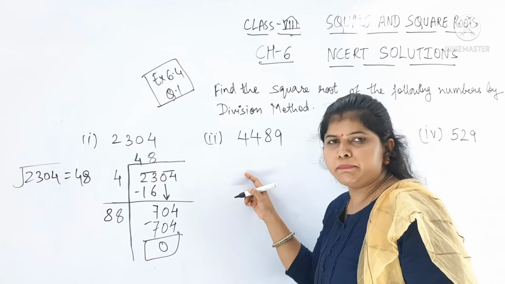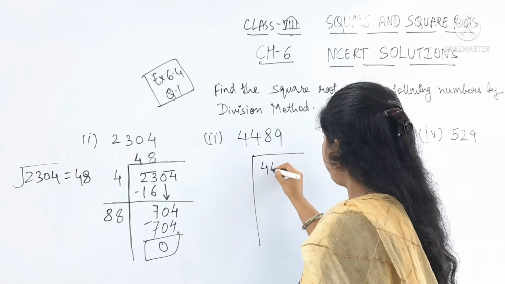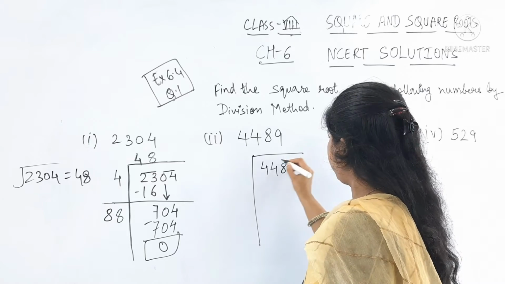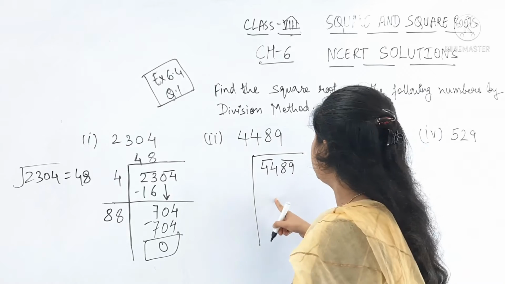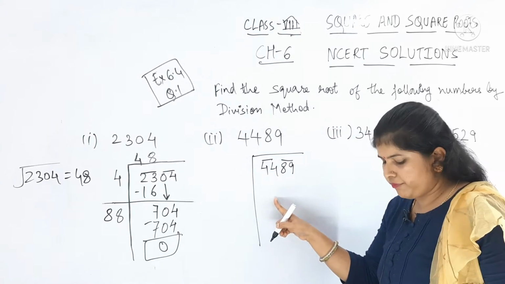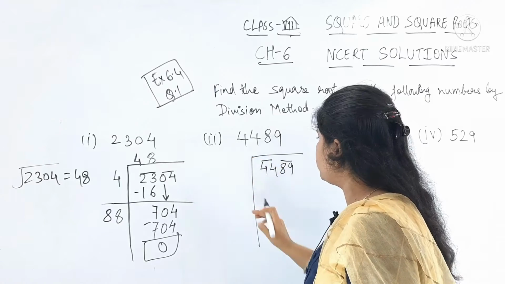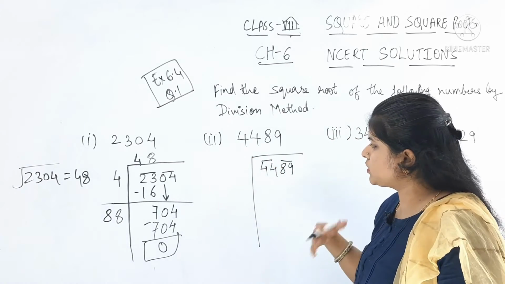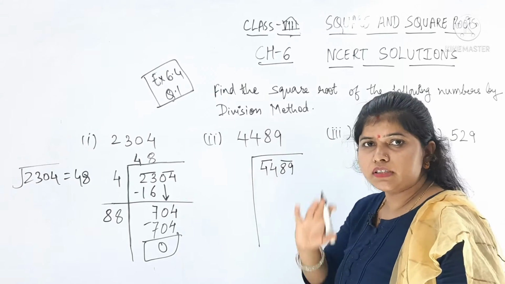Now come to the second part, 4489. We should pair from the right side. 2 2s are 4, 3 3s are 9, 4 4s are 16, 5 5s are 25, 6 6s are 36, 7 7s are 49.